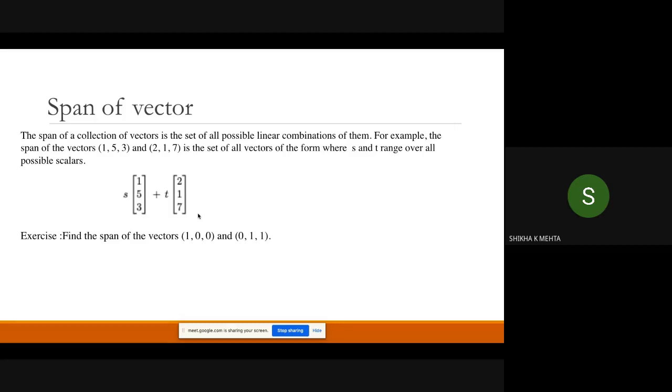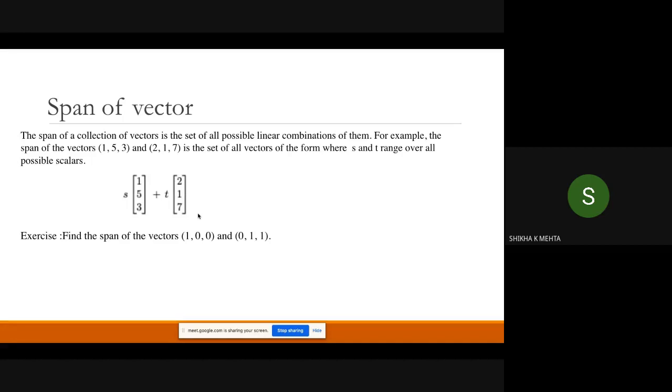So s and t are the scalars, and for any values of s and any values of t, we can compute any number of new vectors, which are the possible linear combinations of the vectors.